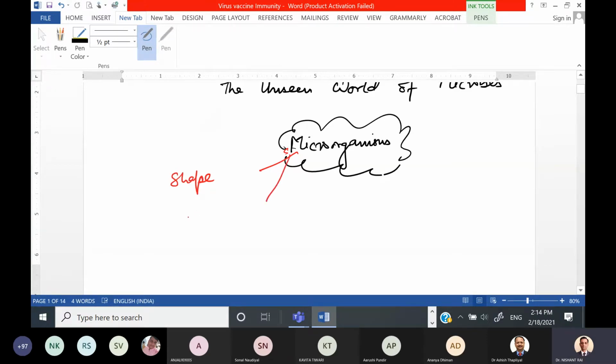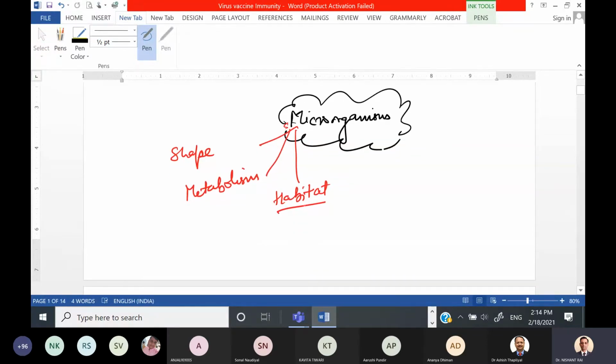They show different metabolic properties or metabolisms. They show diversity in their habitat or ecology. And when I'm saying habitat or ecology, it means the conditions where the microorganisms reside or live. It includes the extreme conditions as well.